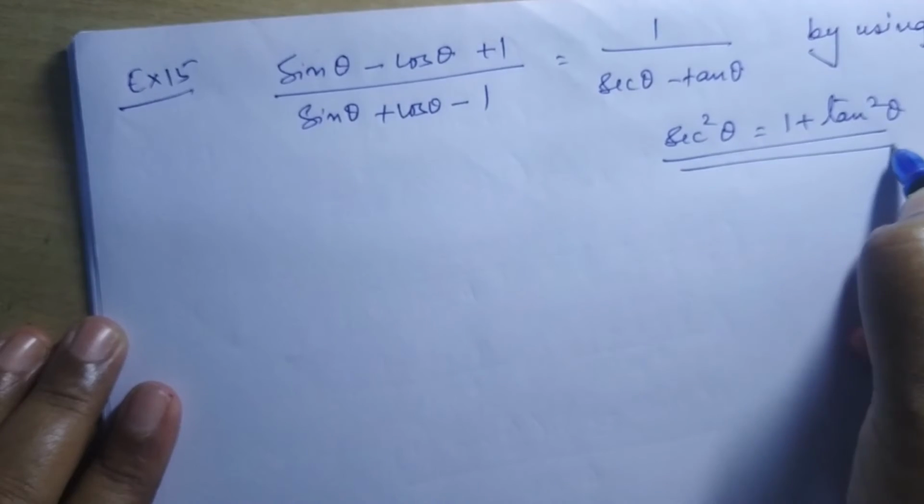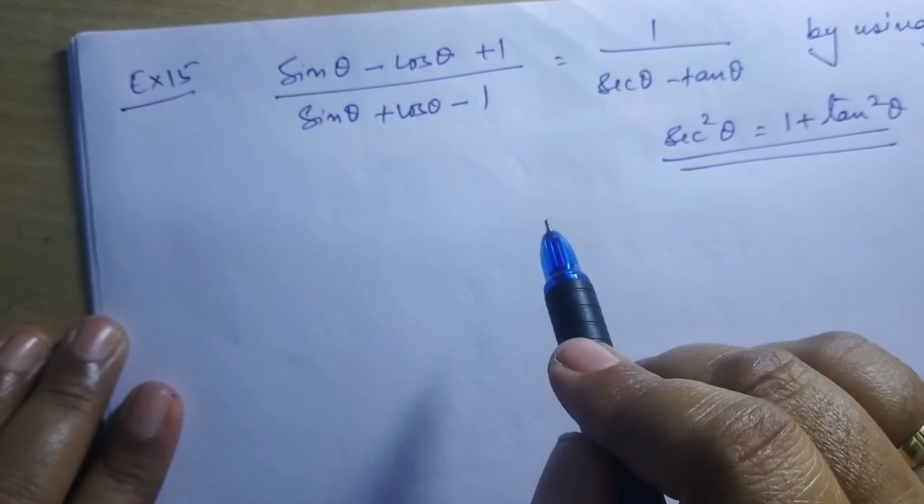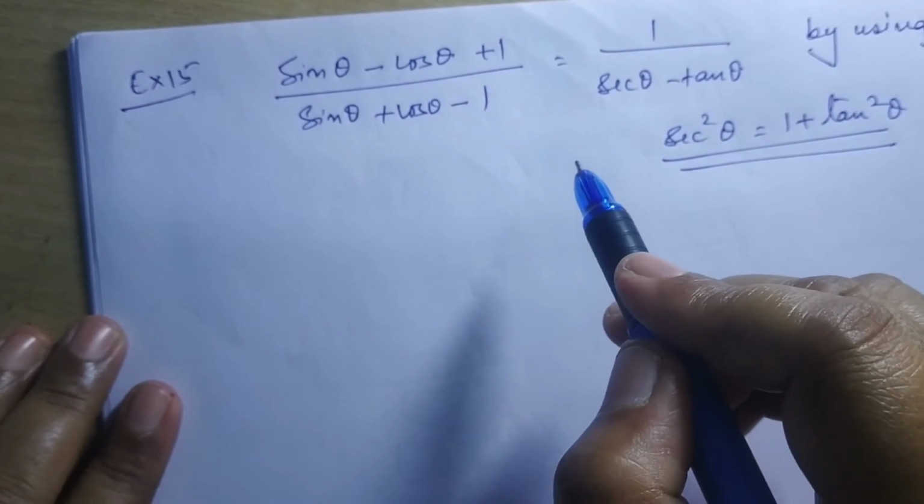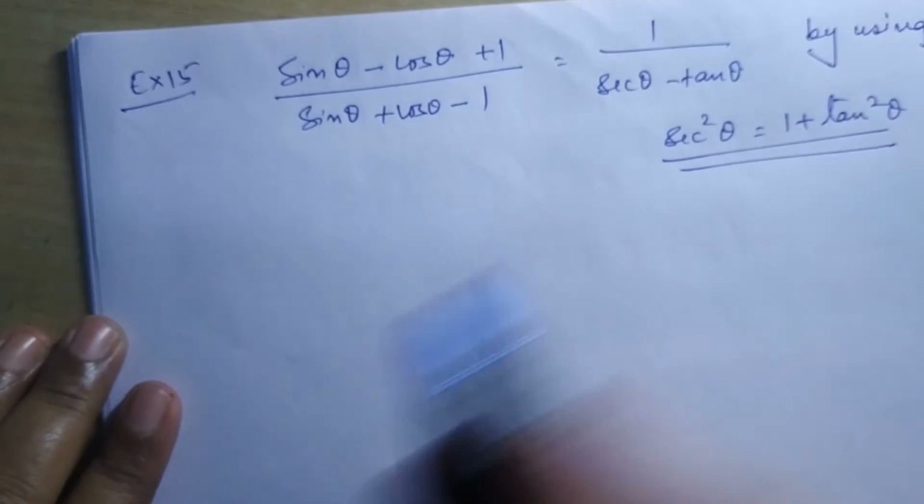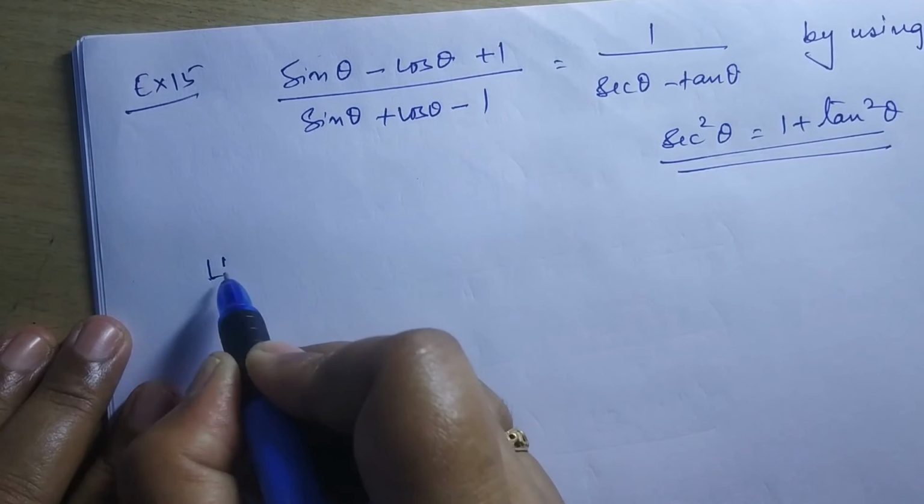You have to use this identity to prove LHS is equal to RHS. Okay, so once again let us start with LHS.